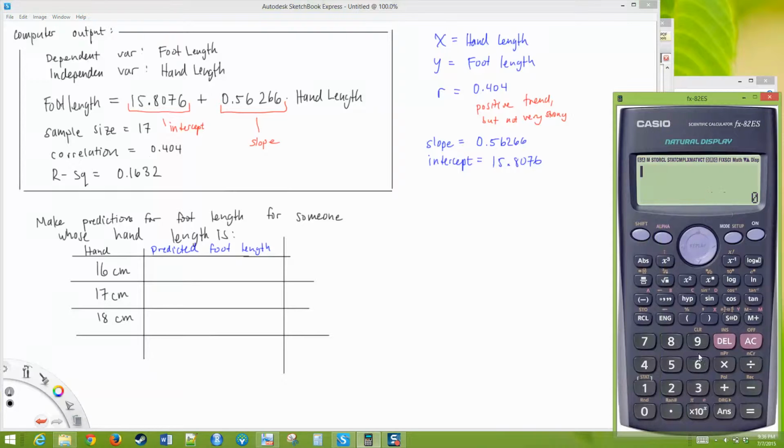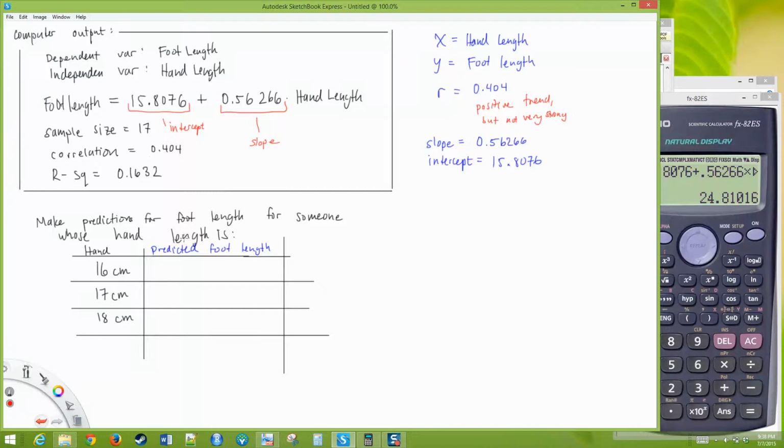Can we do this? Okay, so let's do this. I do 15.8076 plus 0.56266 times 16, and I get 24.81016.